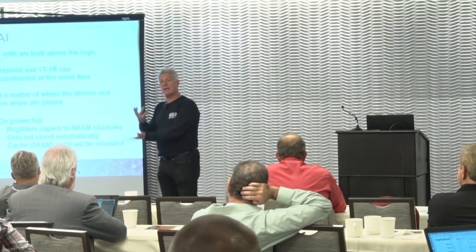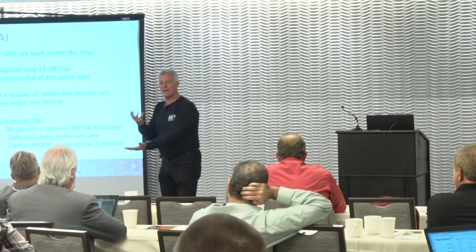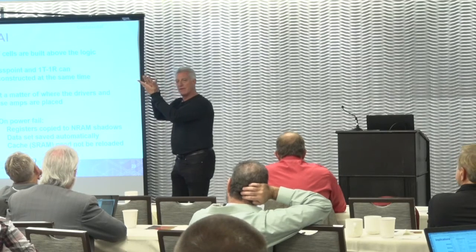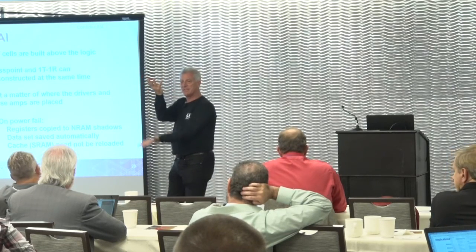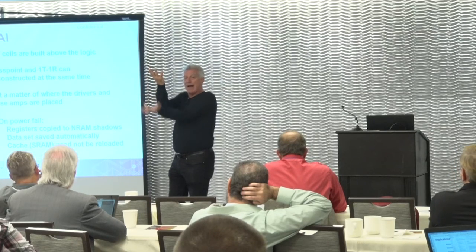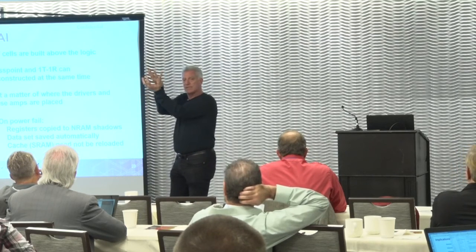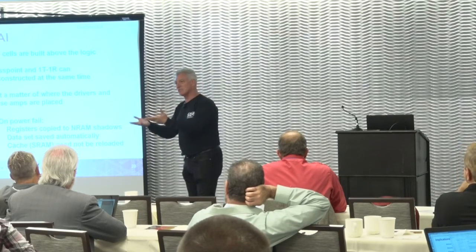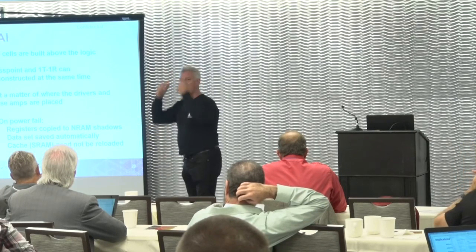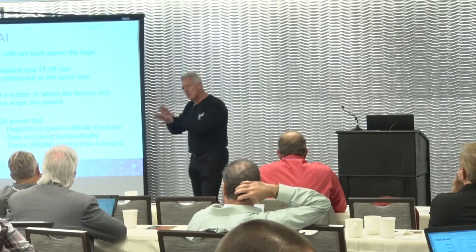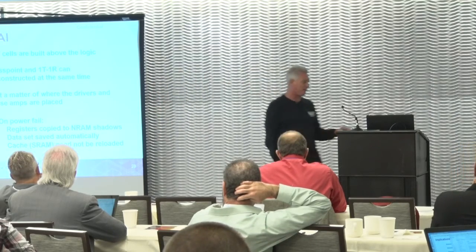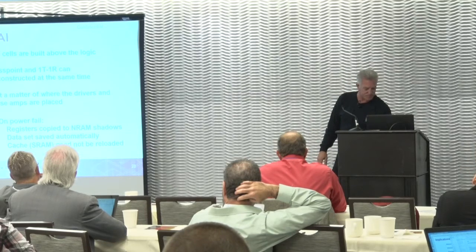Or at very worst, maybe it's a shadow that on power fail, you can quickly copy from the SRAM up into the persistent memory, just by doing a transfer straight out of the cells down below into the persistent memory cells up above, which means that essentially in 5 nanoseconds, you could checkpoint all of your SRAM. So those are the two reasons why a 1T, 1R structure might make sense in that part of the application.